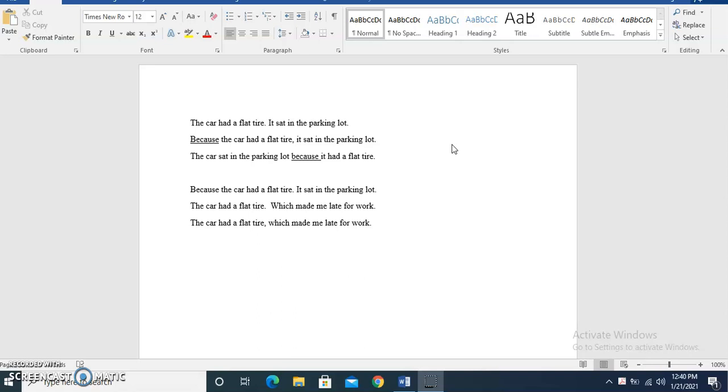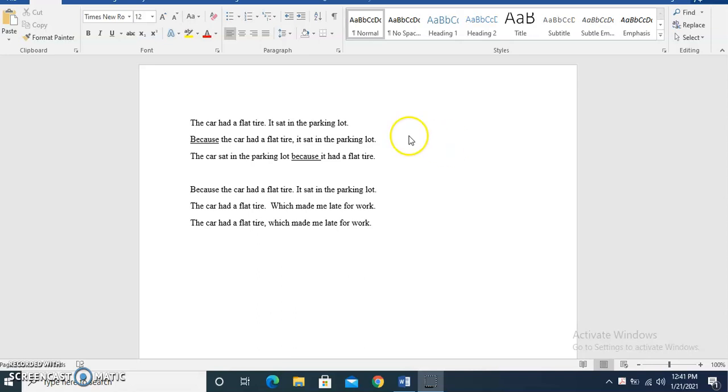So when we're talking about subordinating conjunctions, these conjunctions are used when you're intentionally trying to create an unequal relationship in a sentence. What you're doing is making one part of the sentence depend on another part of the sentence in order to make sense.